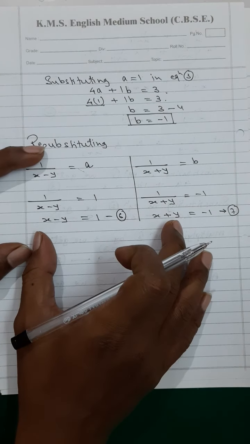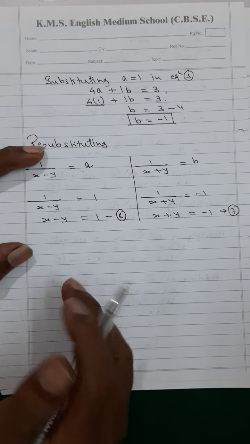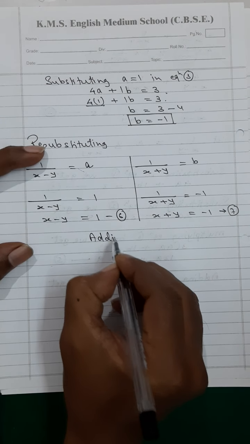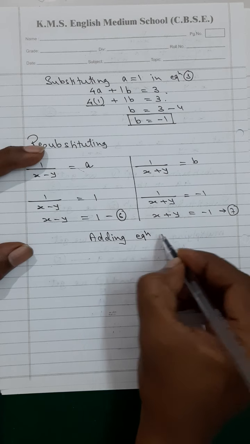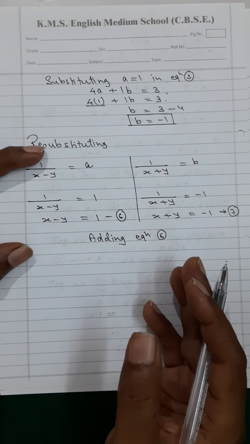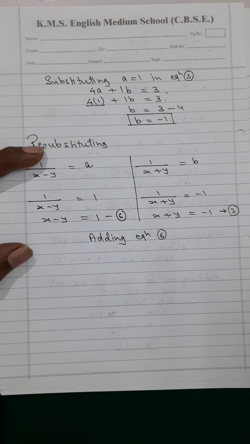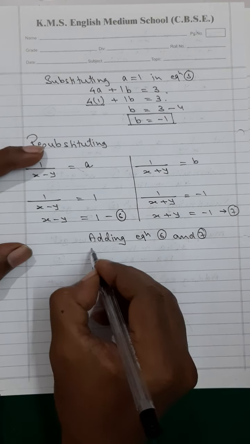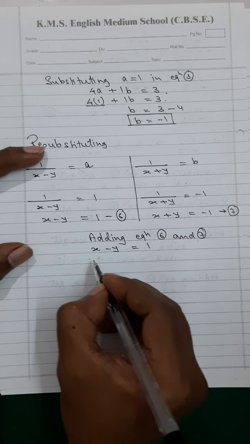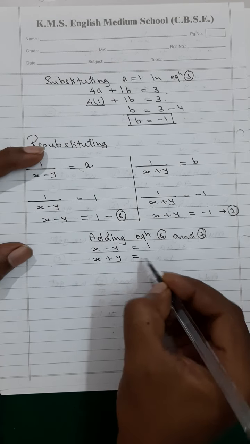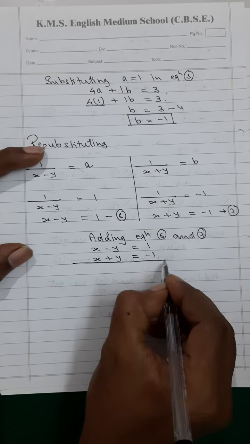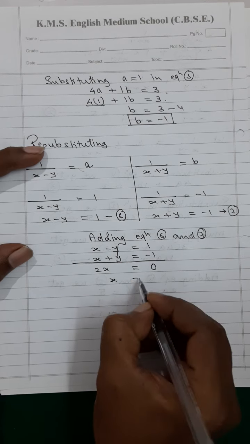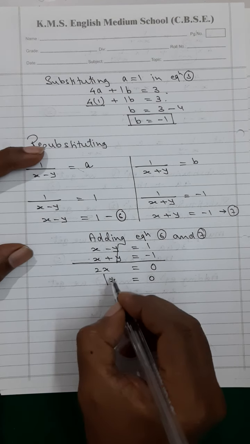Now these two again you will have to solve by the same process of simultaneous equation. So that's what I am telling you. You are now entering into a loop. One simultaneous equation, second simultaneous equation, okay? Zero. So you will get x is equal to 0 upon 2, means x is equal to 0 you will get.